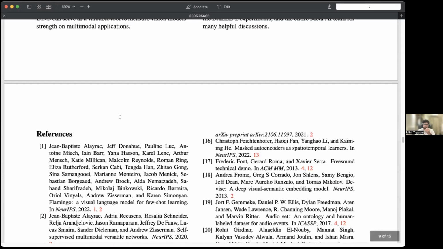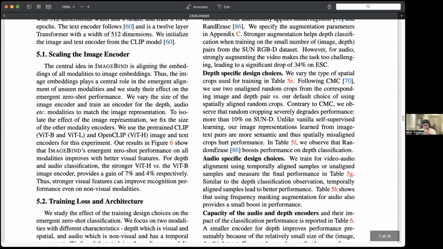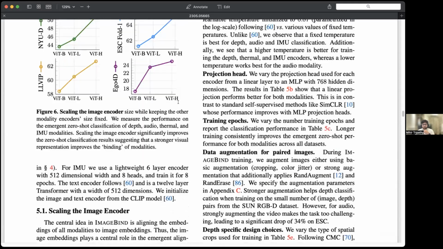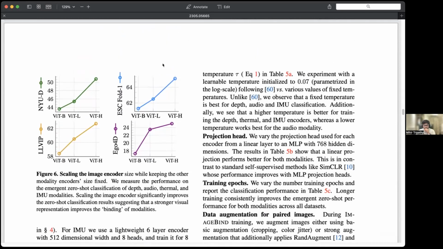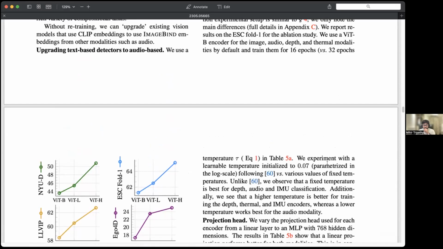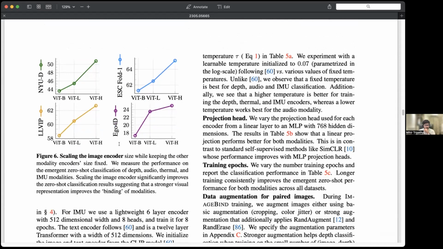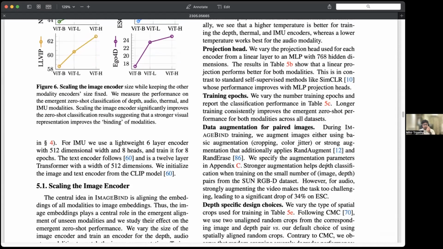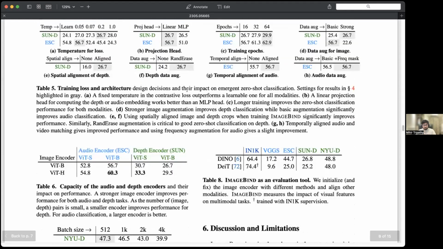I can figure it out from going through their code, which is actually available on GitHub, their implementation of ImageBind. The temperature they use is 0.07. They've published their studies using different temperatures and different training epochs, in table 5B.